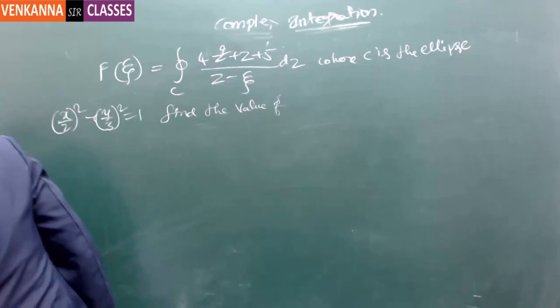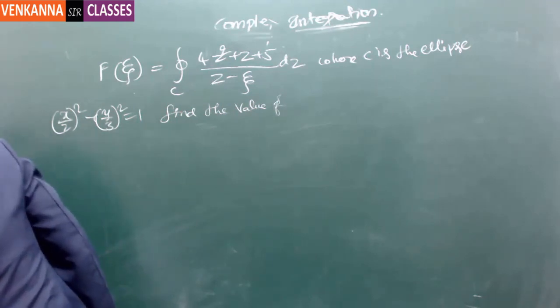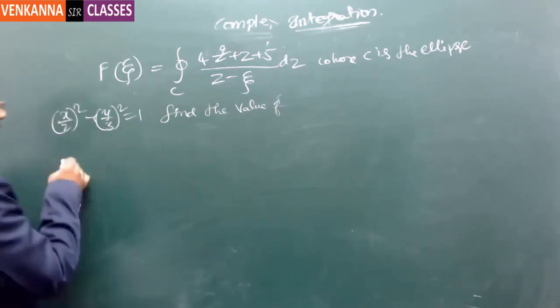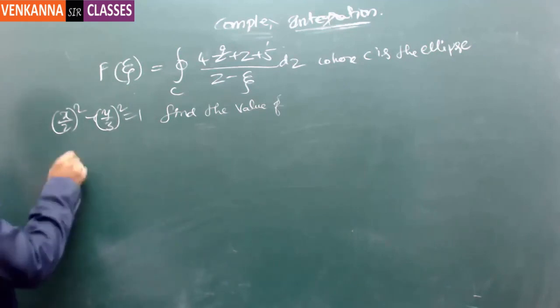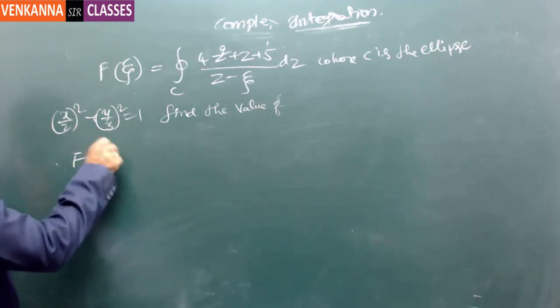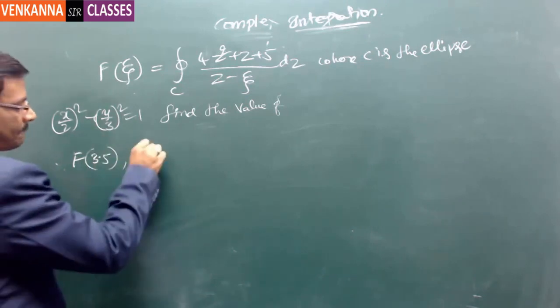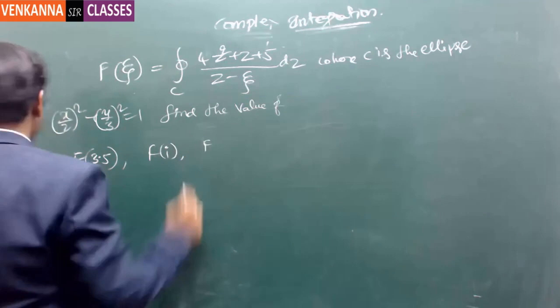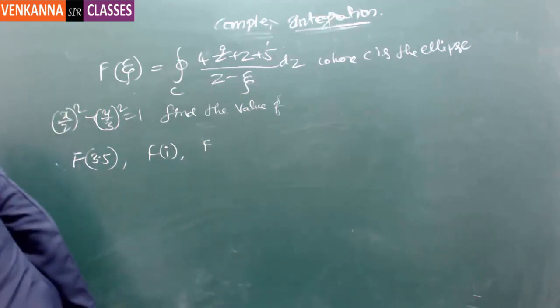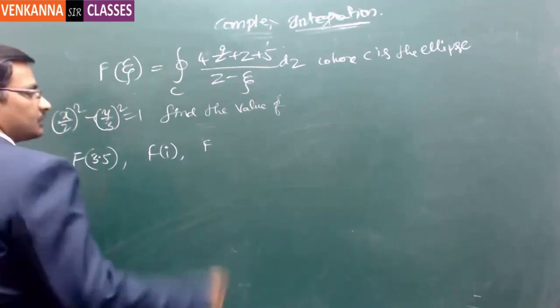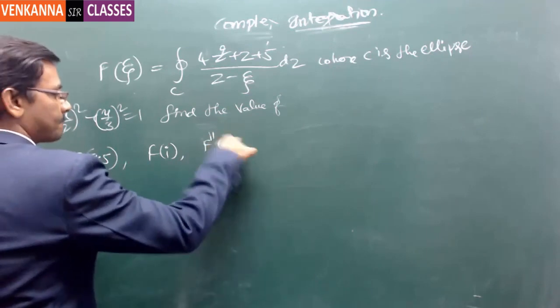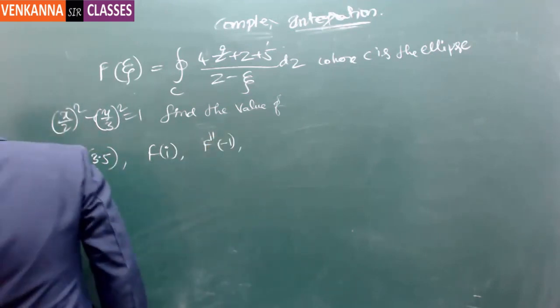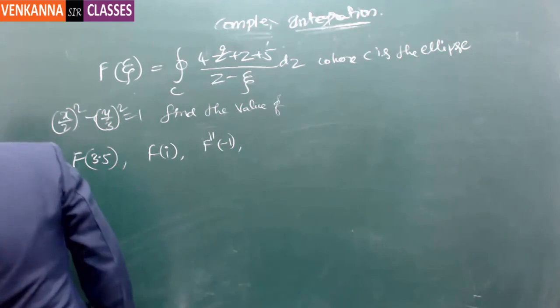f of 3.5, f of i, f double dash of minus 1, f double dash of minus i.